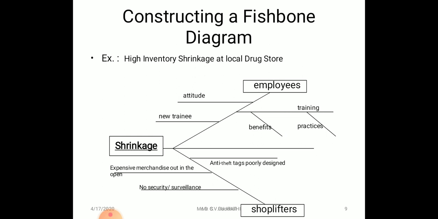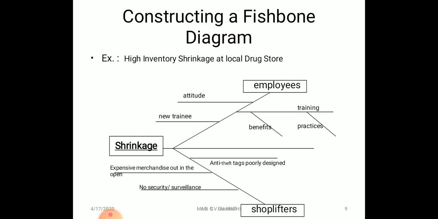As here shrinkage is the main problem, suppose there is no CCTV, so the problem is now known by the owner, that we have to install a security camera so that there will not be any stealing of material from the drugstore.